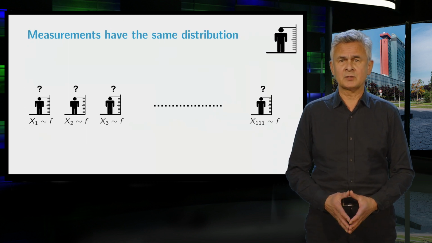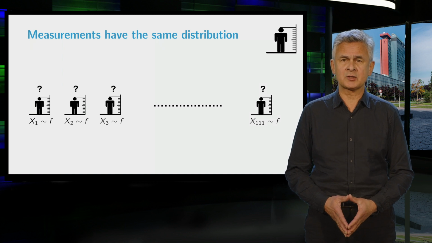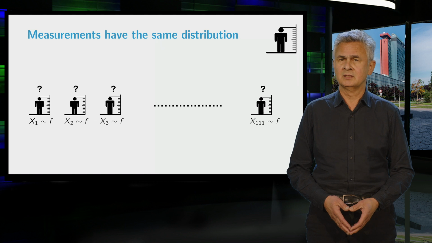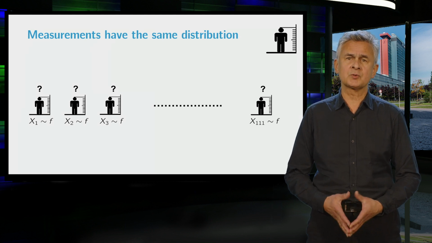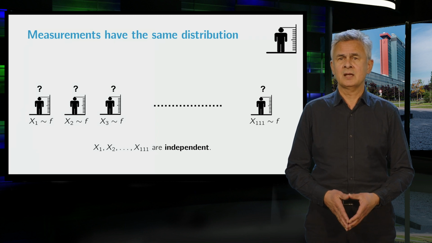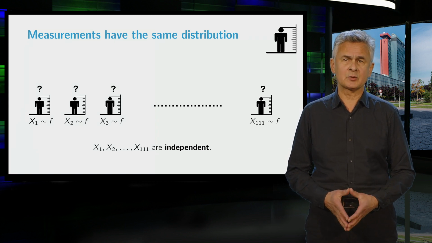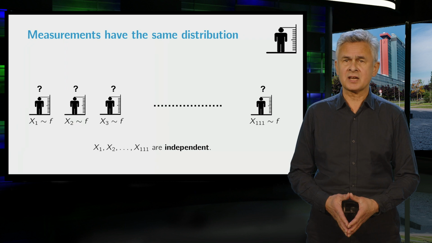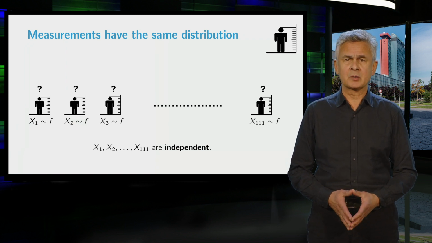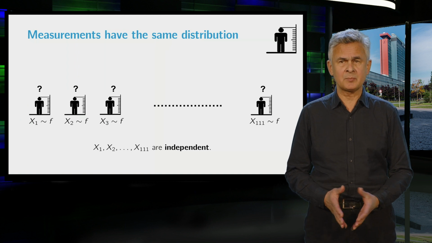Now, assuming that the resulting height of each randomly chosen male is obtained under the same uncertainty, the random variables are assumed to have the same probability distribution. And assuming that obtaining the height of a particular male is not influenced by the heights of other males, the random variables are also assumed to be independent.